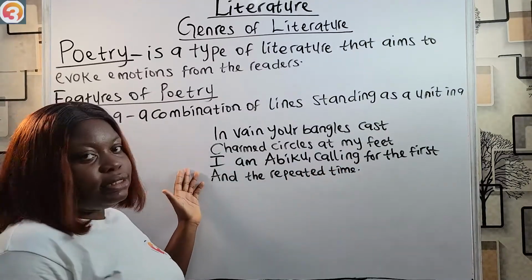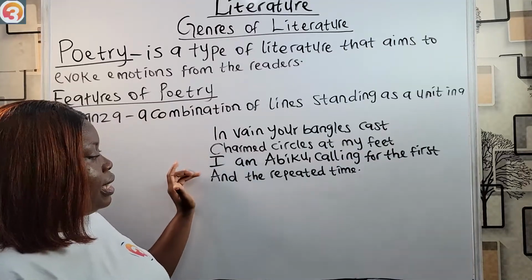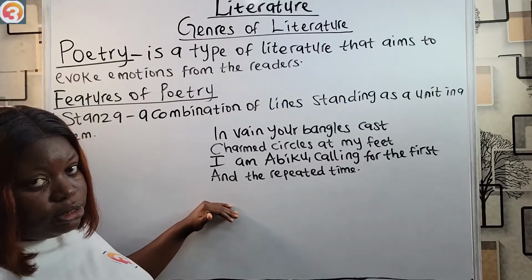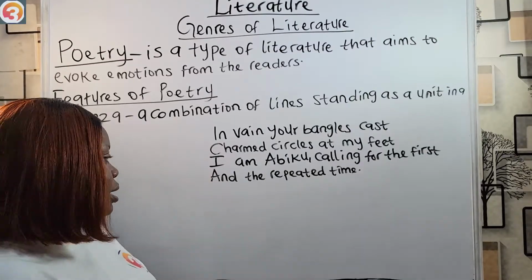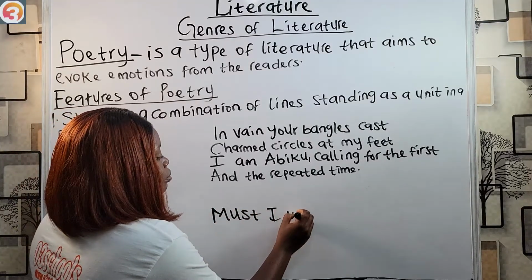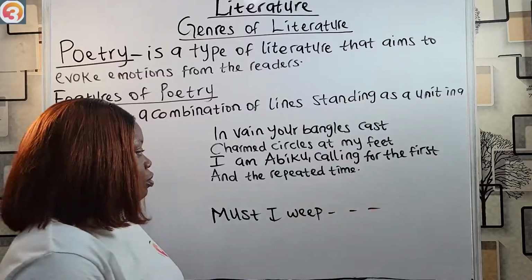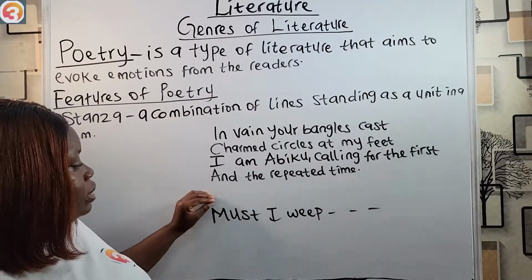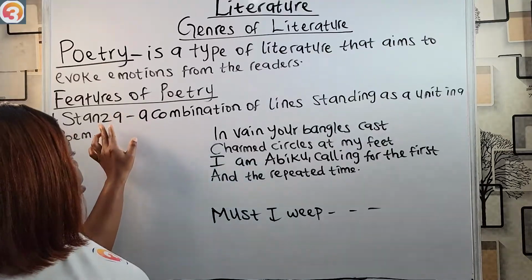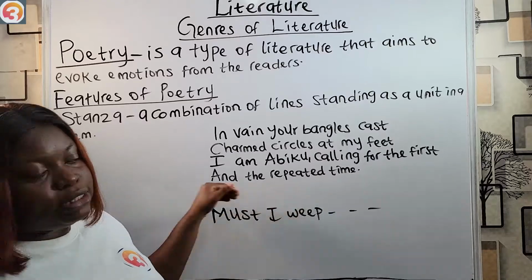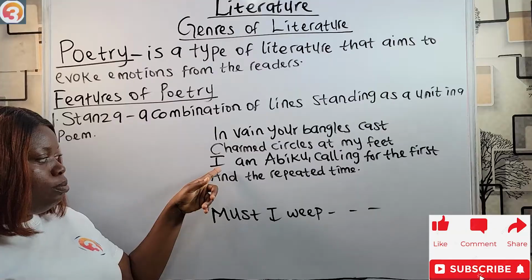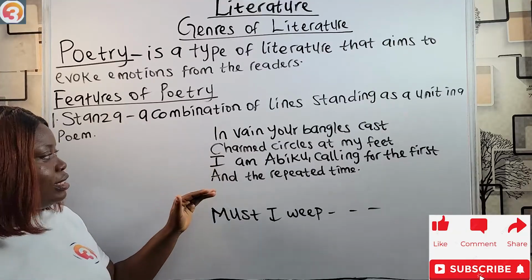So this is the first stanza, and we see the spacing in between the lines. For us to begin the second stanza, make sure to leave enough space that will differentiate these two stanzas. So the next one will be, must I weep for goats and cowries, whatever. So you can see the space now, different from the ones in between the lines. So we differentiate stanzas with line spacing mostly. Ensure that the spacing between each stanza is bigger than the normal spacing between the lines. So that's stanzas for you.